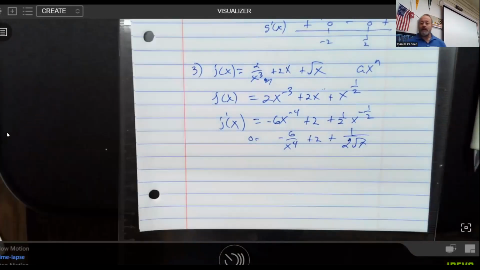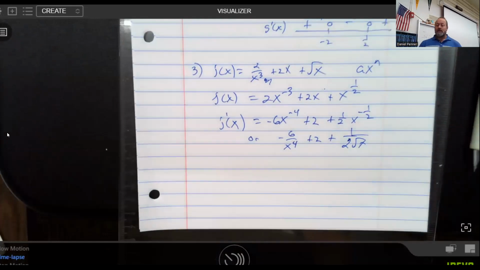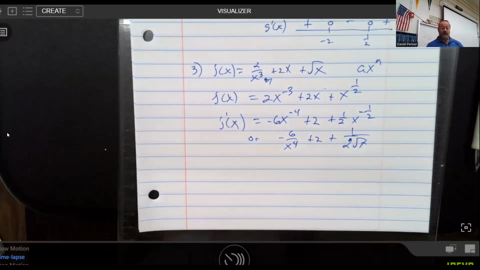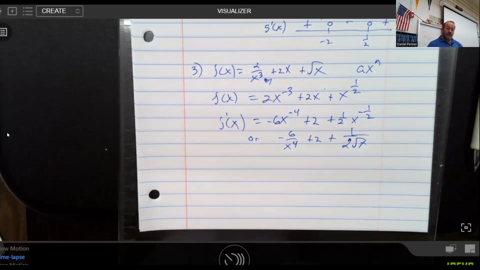Now, that looks like kind of a mess, but the nice thing is we definitely know that the domain says x can't be 0. That is definitively true, because it would be an issue right here.